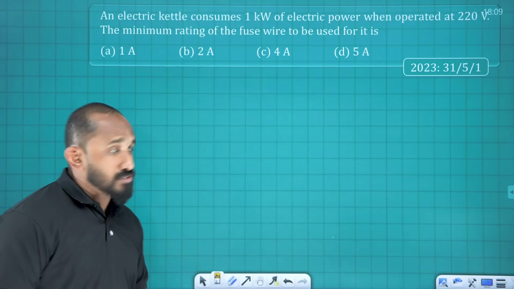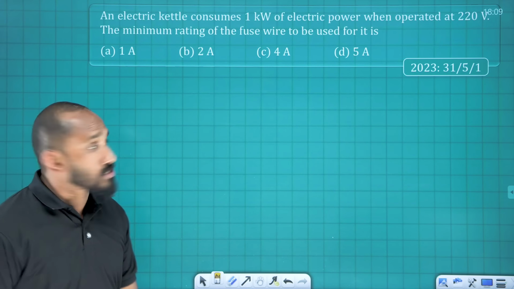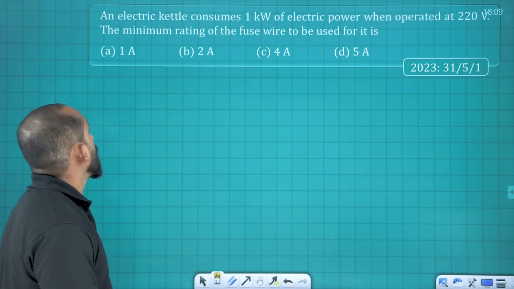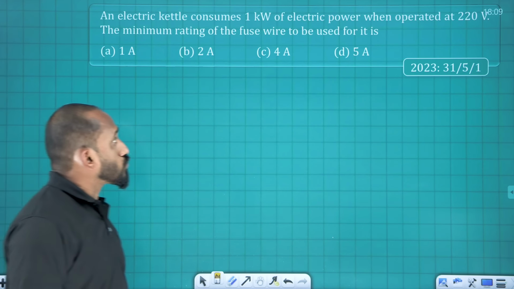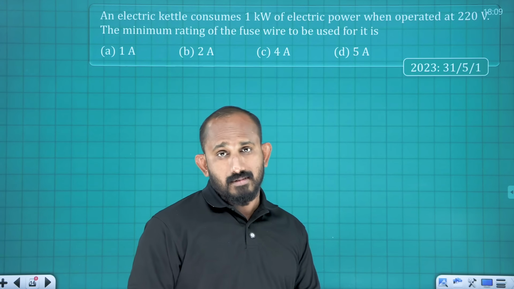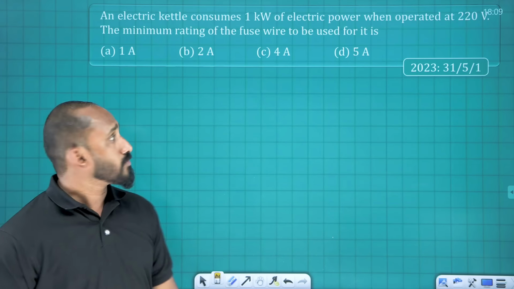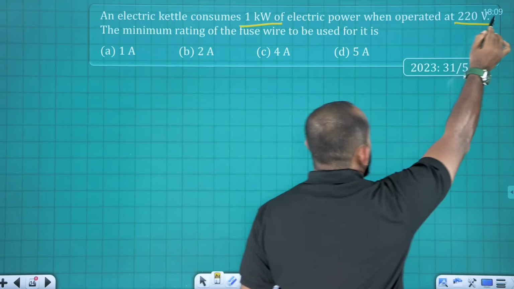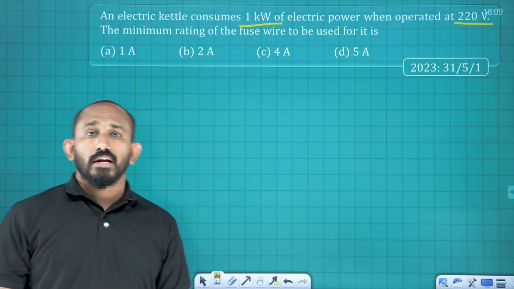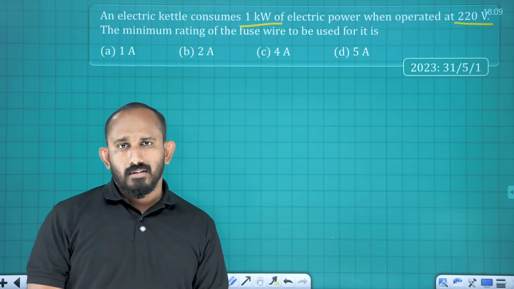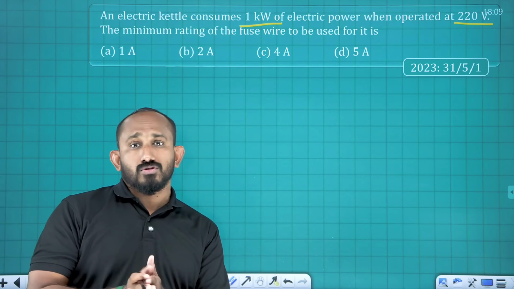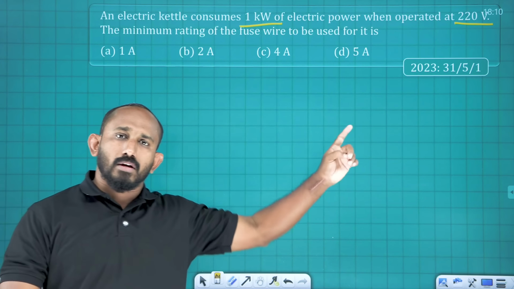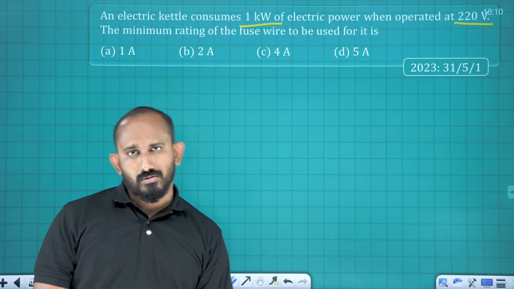An electric kettle consumes 1 kilowatt of electric power when operated at 220 volts. The minimum rating of the fuse wire to be used for it is? So it is an electric kettle, and it uses 1 kilowatt of power at 220 volts. What is the fuse rating of this kettle we have to find? Actually this is a combination of two chapters. From the electric current density chapter, by using the power equation you can find how much current it requires.